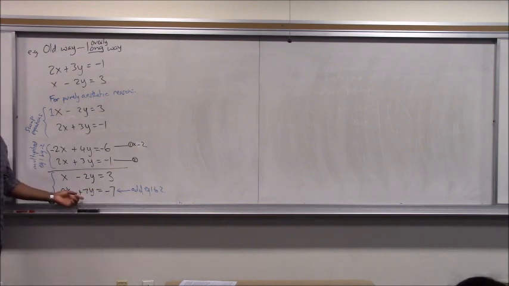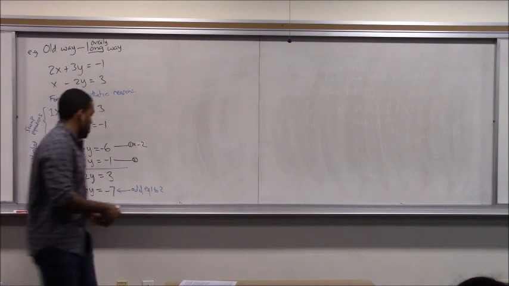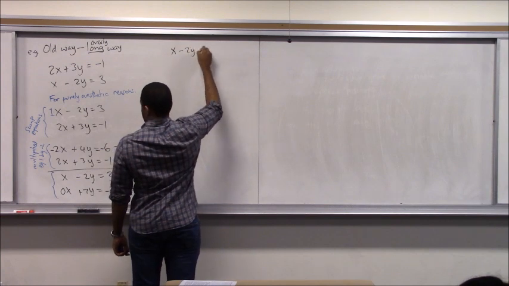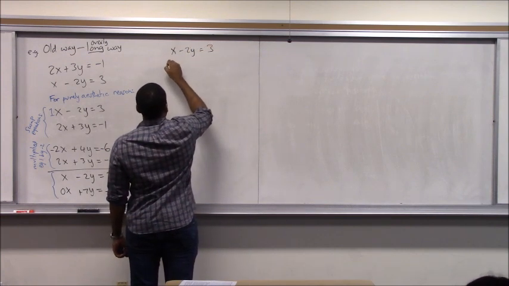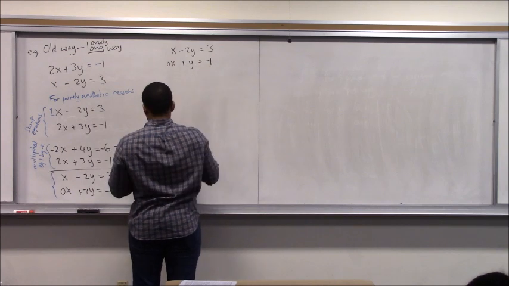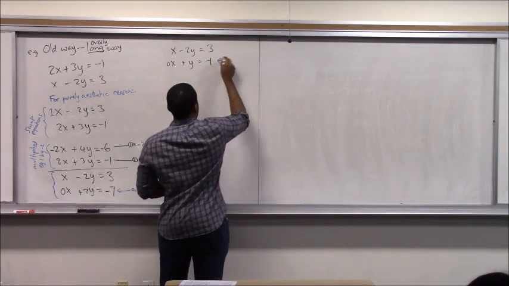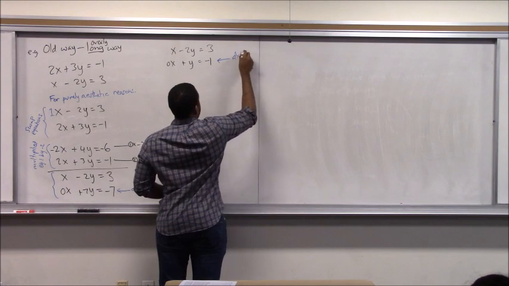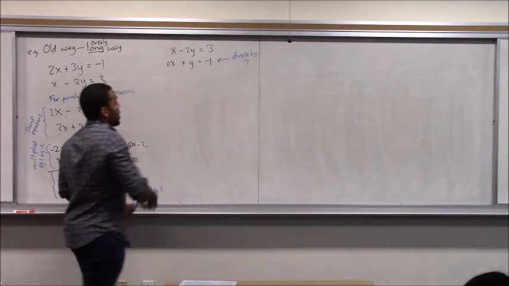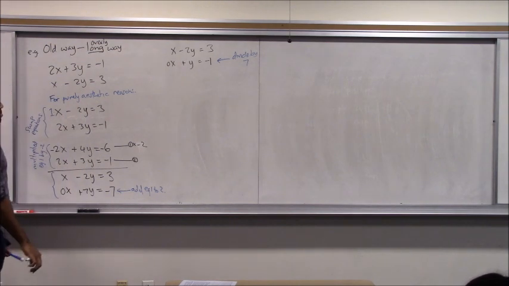I can just divide this equation by 7. So here's the top equation, x minus 2y equals 3. And then I would have 0x plus y equals minus 1. Here I just divide by 7. So now I have that pair of equations.